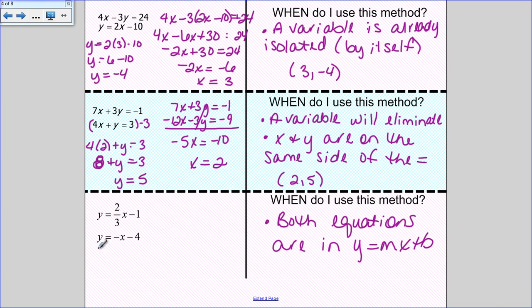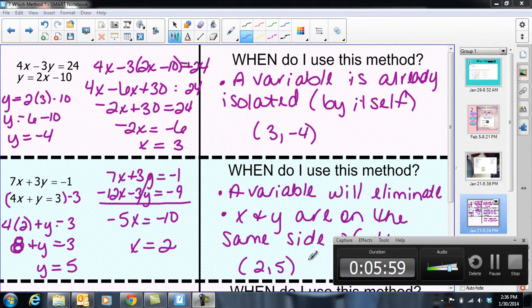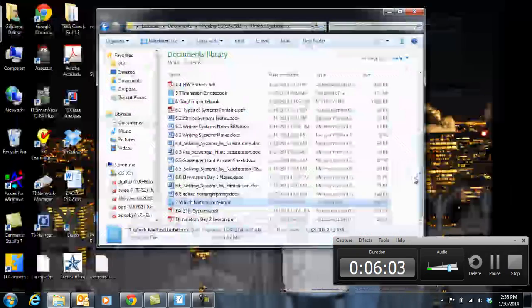So this one is already set up. You see both equations are in slope-intercept form, and since I'm going to use graphing to solve, that means I'm going to need my calculator. So let me pull that up really quick.